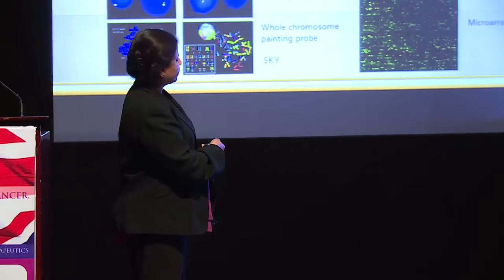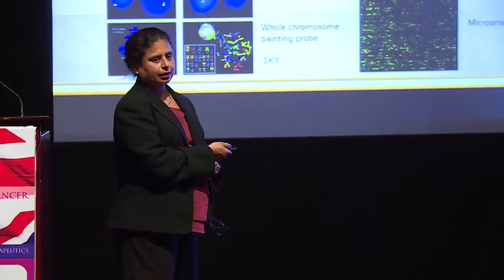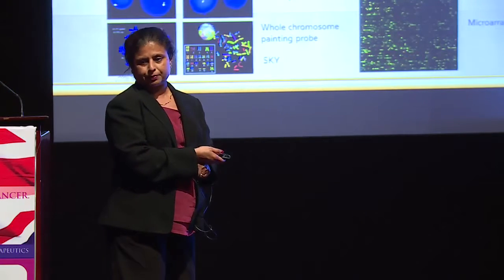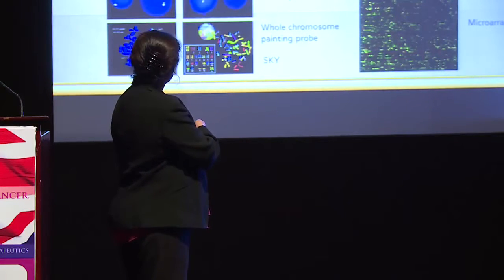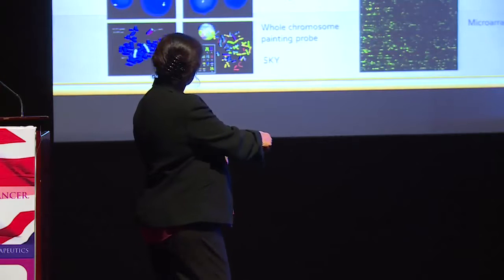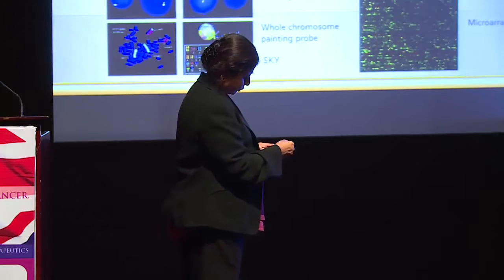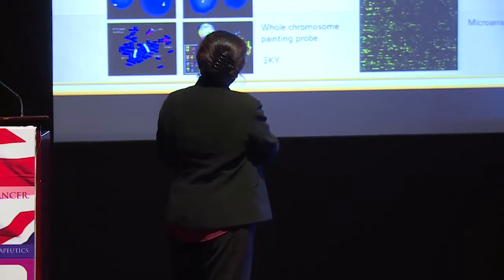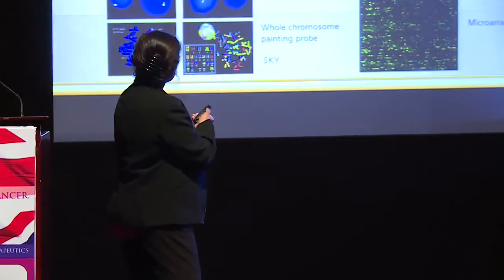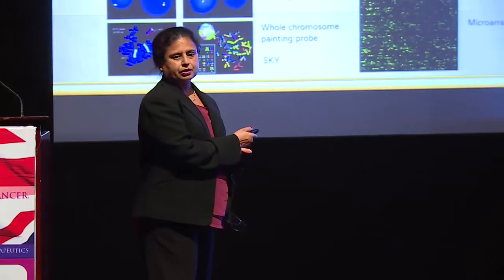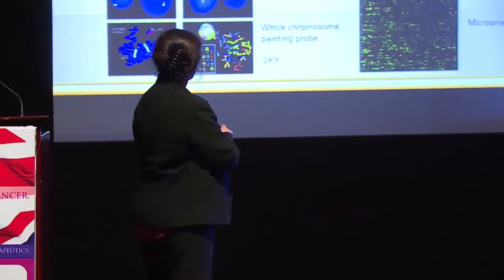FISH analysis is carried out in the clinical lab using basically 3 types of probes. You have the repetitive sequence probe, which are localized to the centromeres and the telomeres.